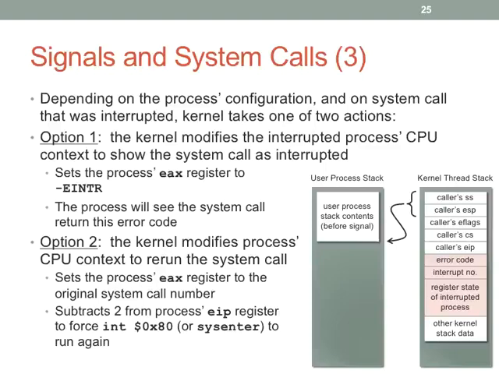So that's another interesting option that the kernel has. Again, people who are very familiar with IA32 assembly code will recognize that int 80 is encoded as 2 bytes, hex CD, and then hex 80. I don't remember how sysenter is encoded or syscall, but the fix-up may be a little bit different for those instructions. So this is how we can actually interrupt or retry system calls based on signals being delivered.